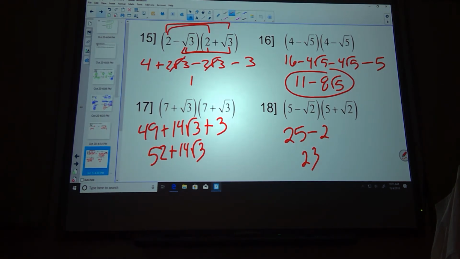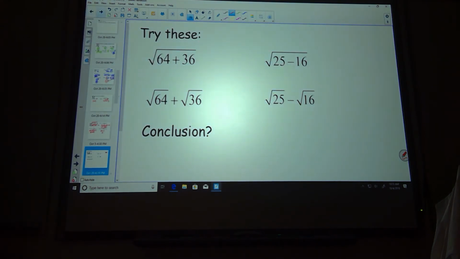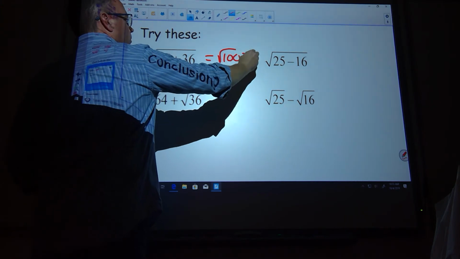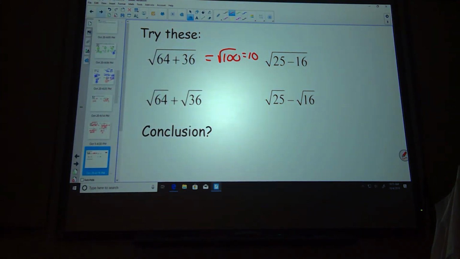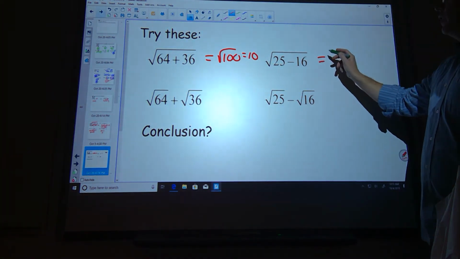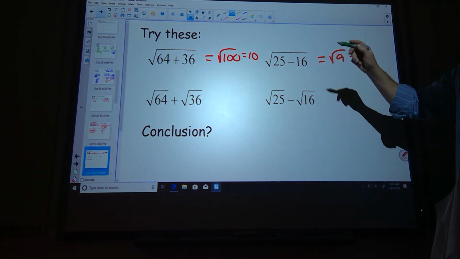Getting close. Ready? Do you agree? Yep. 8 plus 6. So notice I did what was under the radical mathematically first. Agree?